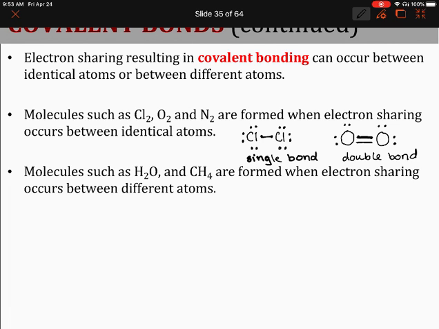So for nitrogen, and I'll draw nitrogen down below, each nitrogen atom has 5 valence electrons, and each one wants 8. So we can start pairing up those lonely electrons.